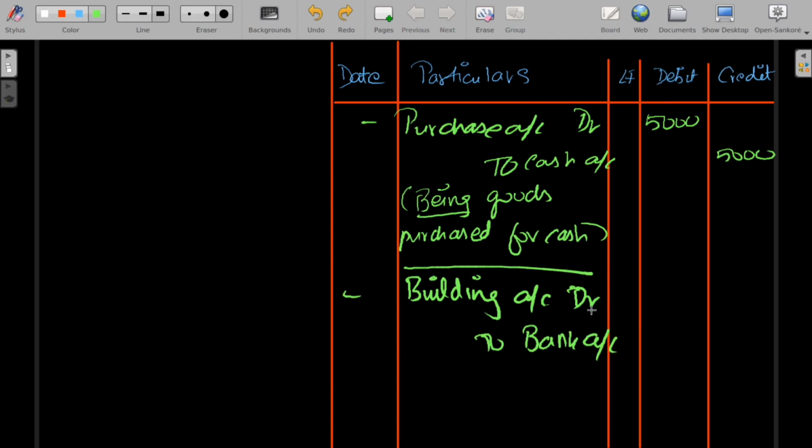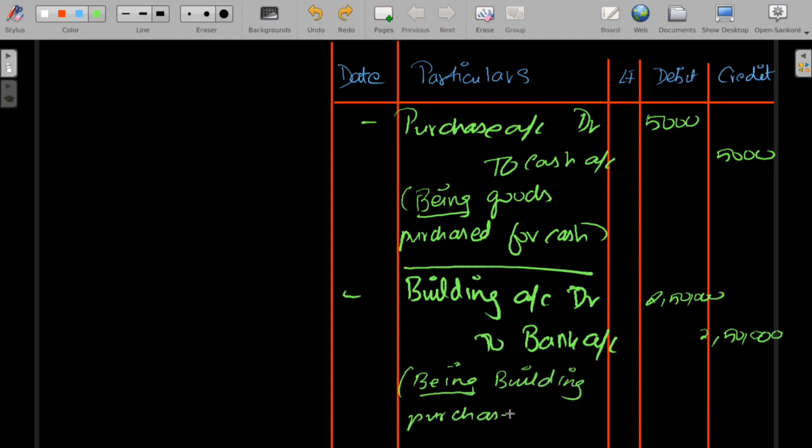And the amount is 2,50,000. You have to put the narration and start with the word being: building purchased through check.